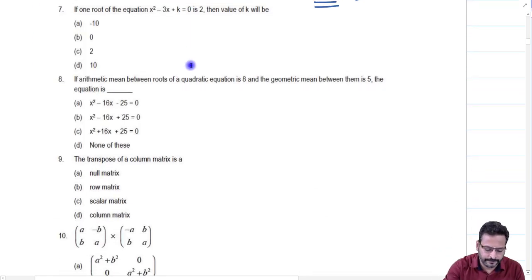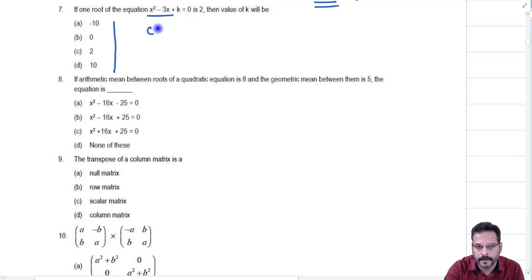Then seventh one: a quadratic equation is given, x square minus 3x plus k equal to 0. One root of this quadratic equation is 2. That means if we substitute the value 2 in x, the equation has to be satisfied.